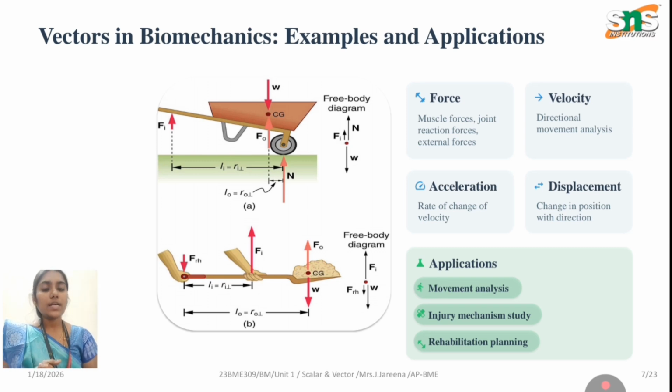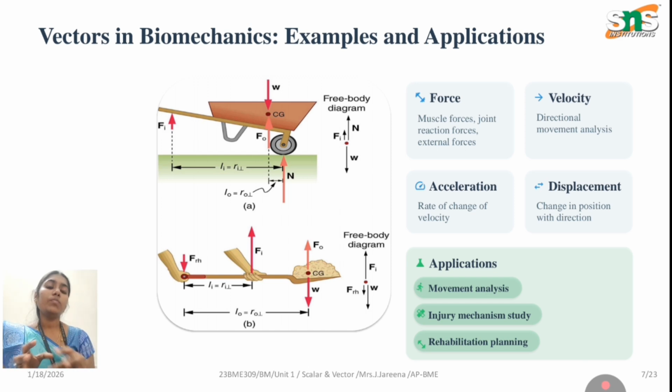Second one is vectors in biomechanics. So vectors, as I said, are quantities which have both magnitude and direction. Examples of vectors in biomechanics are force, velocity, acceleration, and displacement. Here the force is your muscle force, joint reaction force, and external force. All these types of force interact in your body to produce one movement.